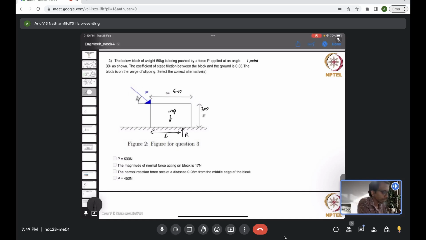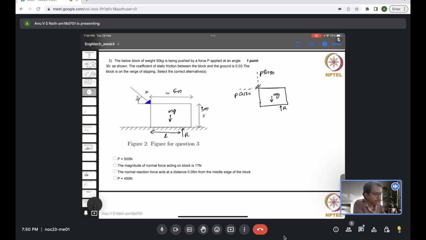Now if we consider the free body diagram, mg is vertically downward and R is acting upward, and P is acting here at an angle of 30. If you resolve P, you have two components: P cos 30 acts horizontally and P sin 30 acts vertically.